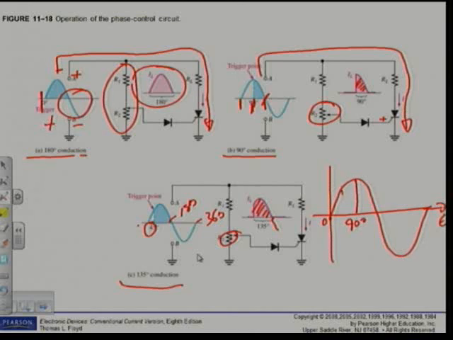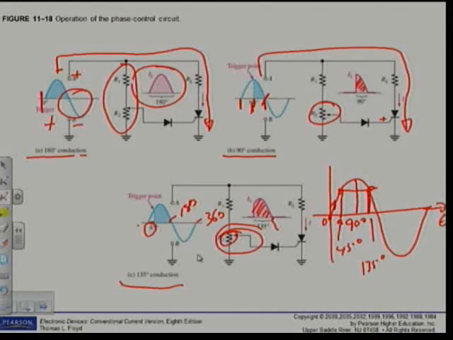Because, let's say for example, I want to fire at 45 degrees. There's 45 degrees. Or, let's go and draw a line across here. That point will be 135 degrees. But that voltage and that voltage is exactly the same. That means this circuit works on the voltage given to the SCR. Now in this case, this thing increased from 0 to that value.